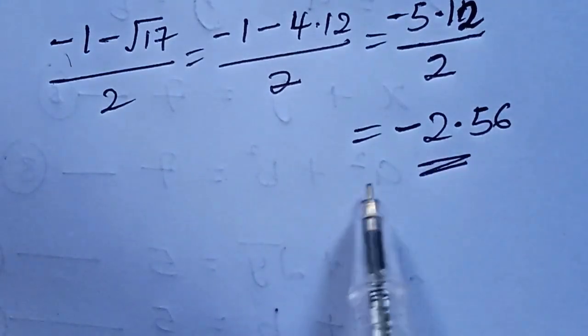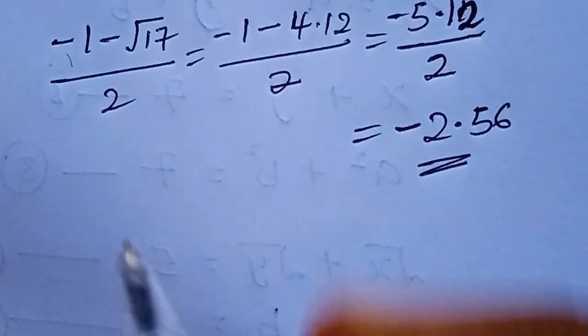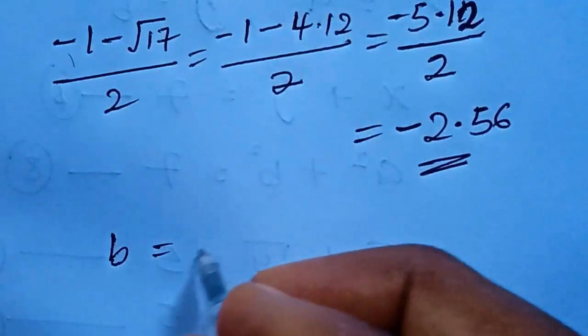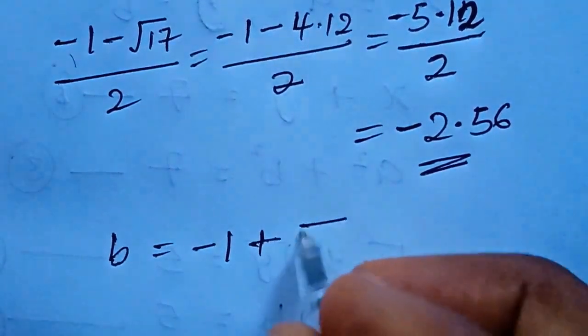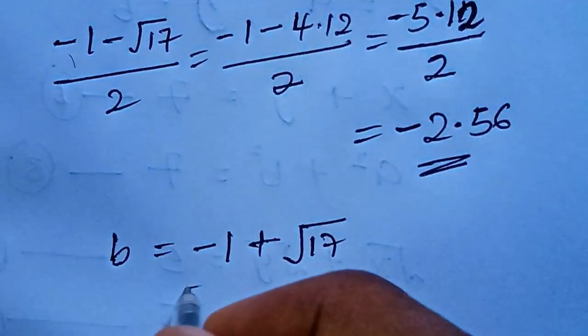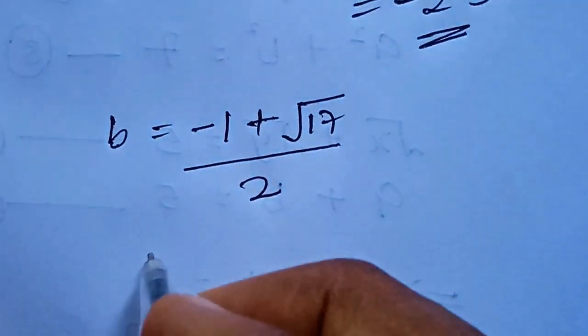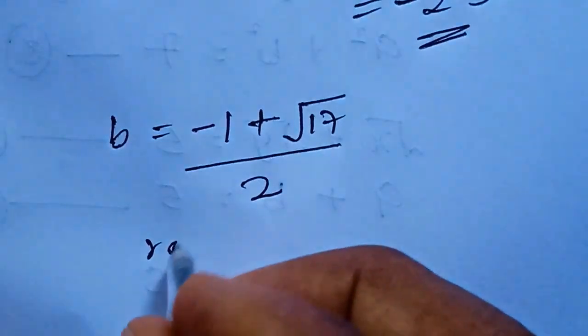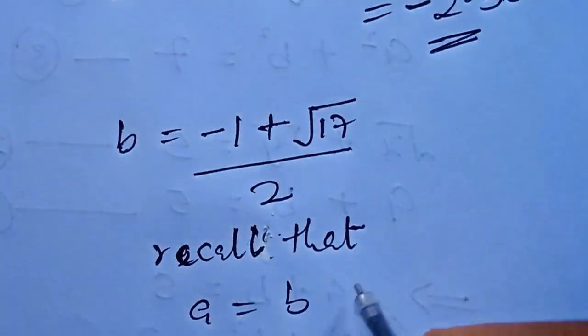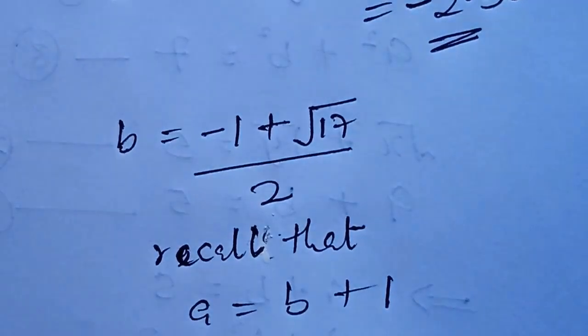So we consider the first value of b, which is b equal to minus 1 plus square root of 17 over 2. So from this value, we recall that, again, a equals b plus 1.